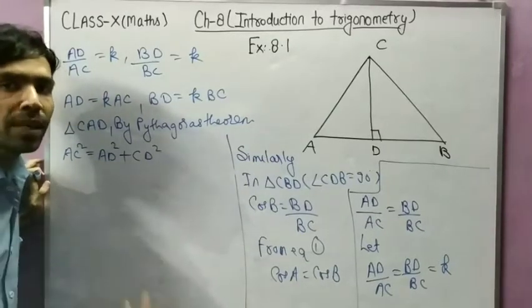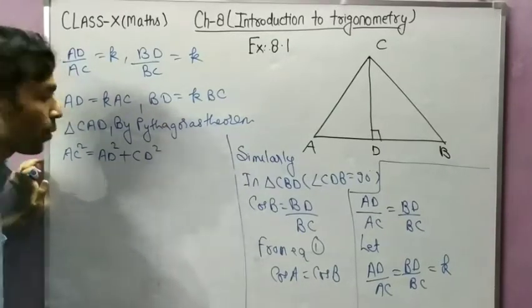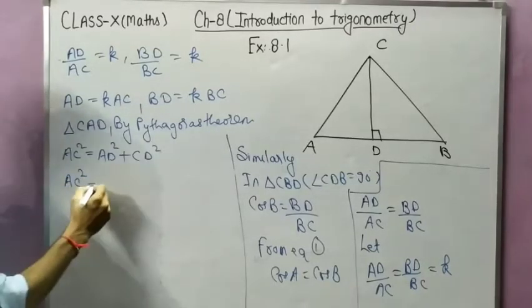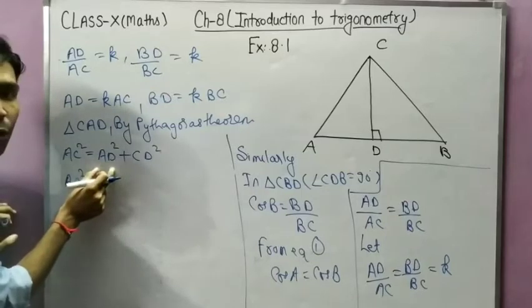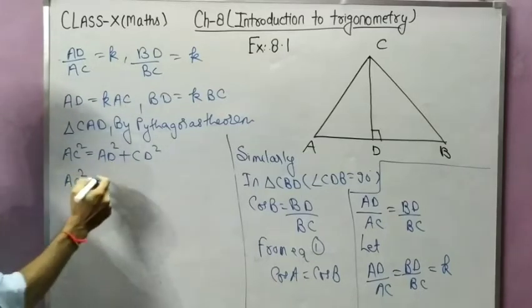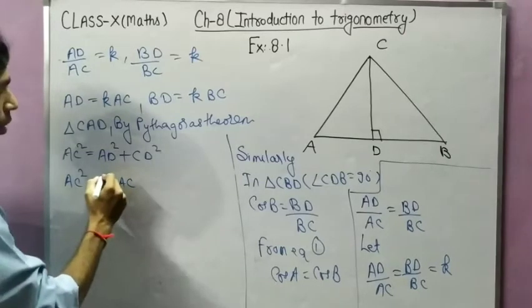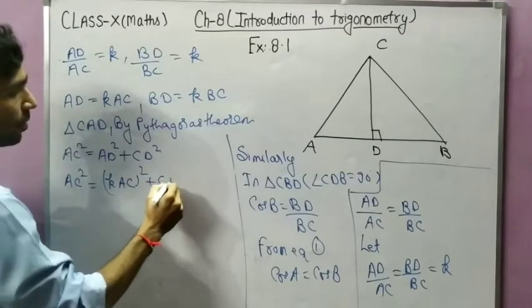Hypotenuse square is equal to base square plus perpendicular square. So value of AC we don't know, so AC square. The value of AD square we know, student. The value of AD is KAC. So KAC whole square and it is plus CD square.